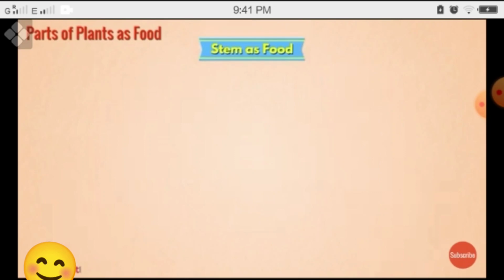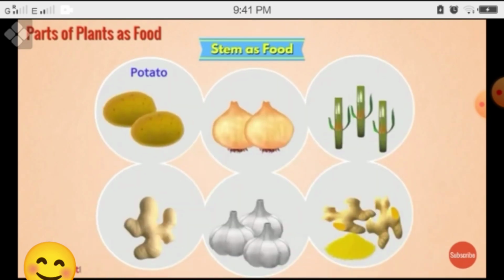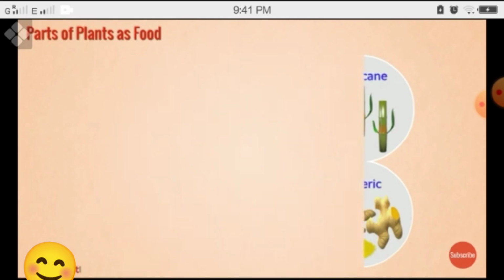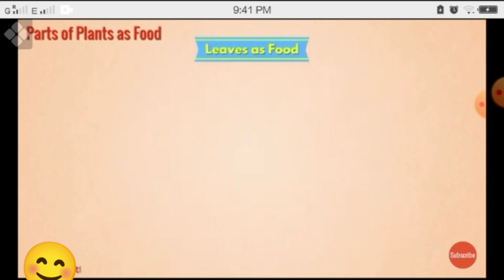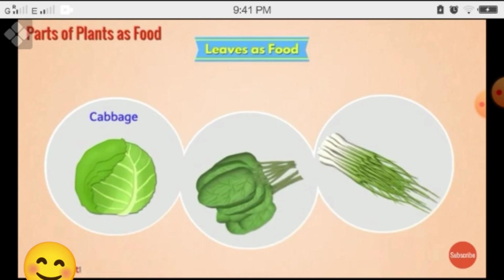We use stem of plants like potato, onion, sugarcane, ginger, garlic, turmeric, etc. as food. Similarly, we use leaves of plants like cabbage, spinach, onion leaves, etc. as food.